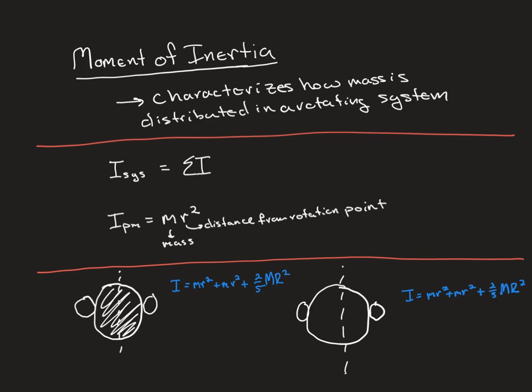So you're going to get a different value for your moment of inertia for this situation compared to this situation. So once again, I reiterate, whenever you're calculating moment of inertia, you need to analyze what shapes you're working with and make sure you find out what the appropriate moment of inertia equation is.